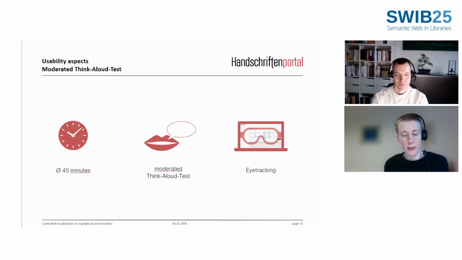So the first part of the test, as I said, the think aloud test, is a method in which the participants perform specific tasks and verbalize their thoughts and decisions meanwhile. And the moderator observes and guides them. And also we used eye tracking for these tests in order to better understand the participants' interaction with the application.